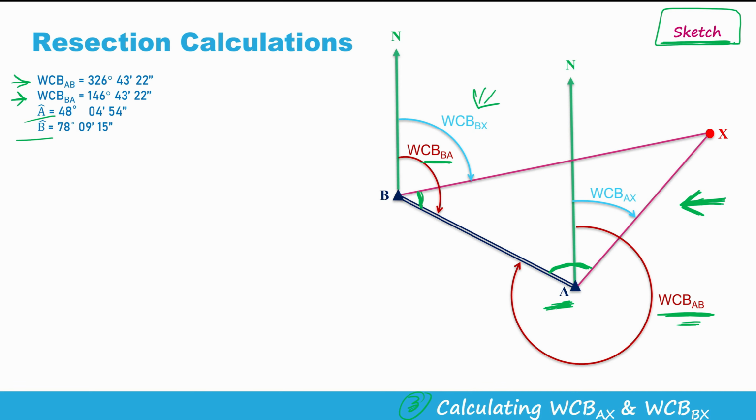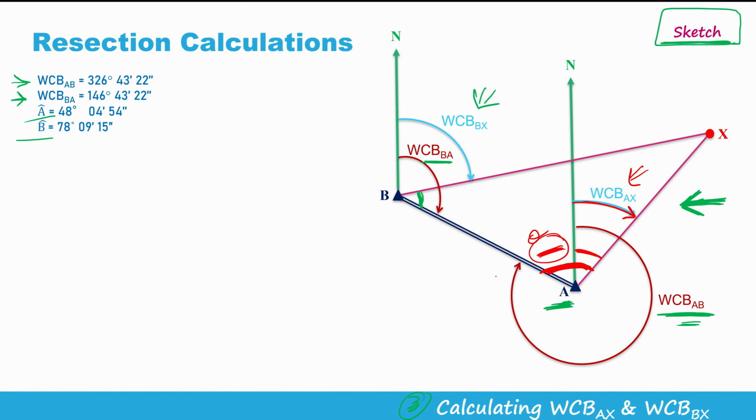If you look here, guys, the whole circle bearing of AX, this one here, is angle A, this one, minus this value. Let's call this value theta, for example. If I just know theta, it is easy to find the whole circle bearing of AX. It is angle A minus theta.